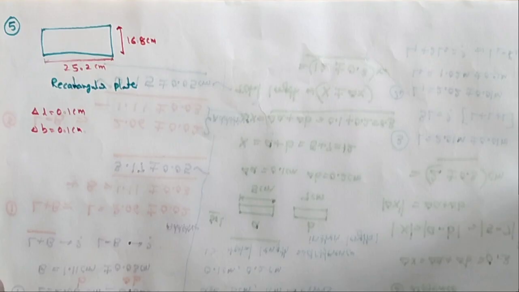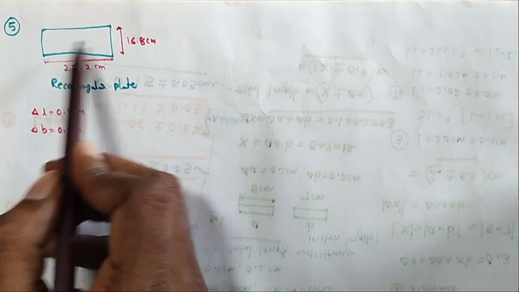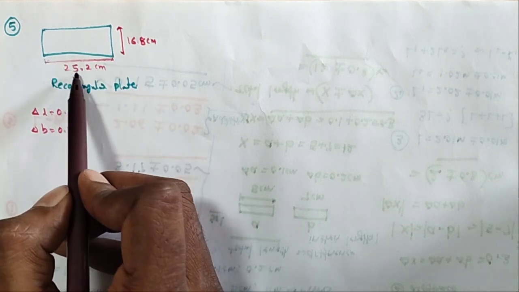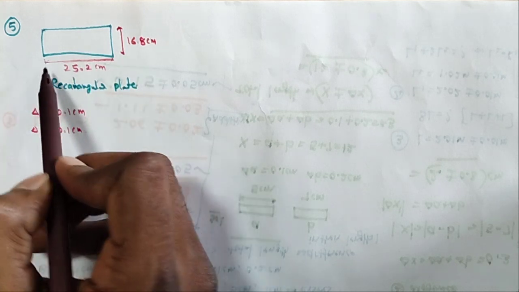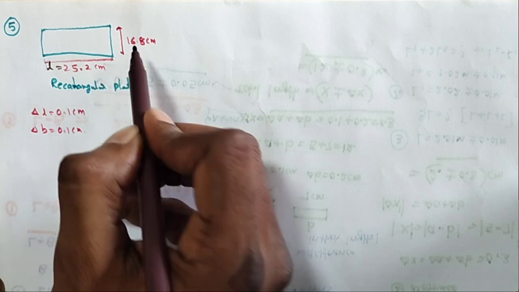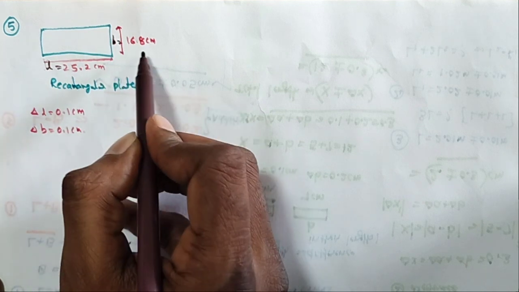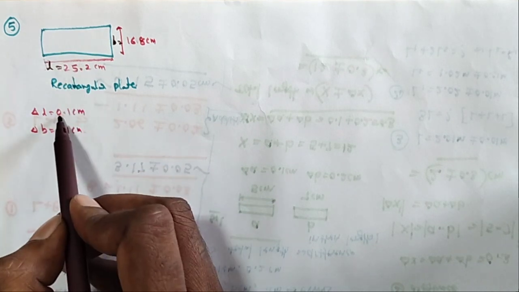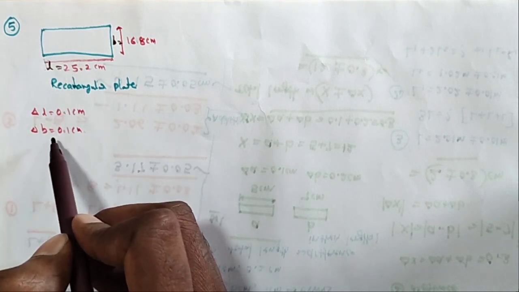Please do it. Next problem, one rectangular plate is given. This is a rectangular plate. So what is the length? The length L is equal to 25.2 centimeter. The breadth B is equal to 16.8 centimeter is given. And some errors are given. The length error is 0.1 centimeter.